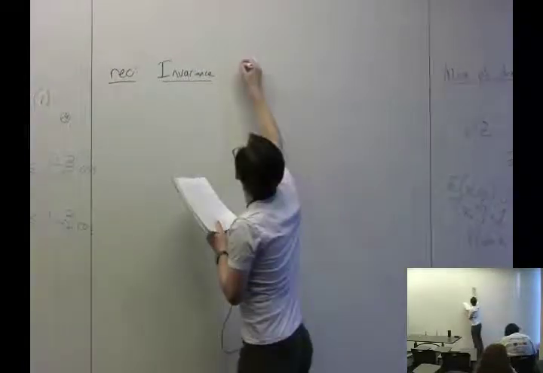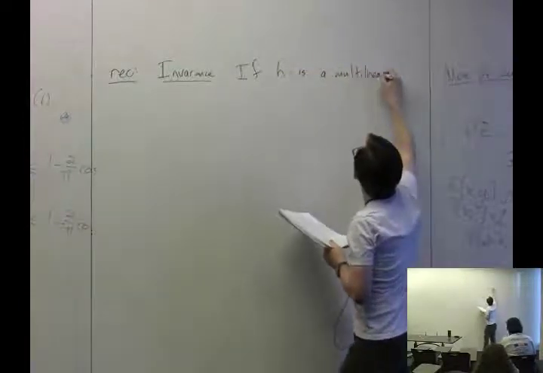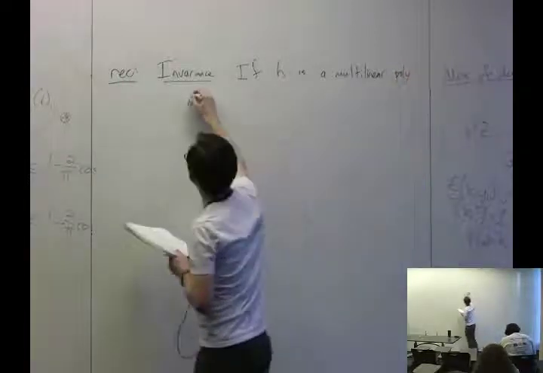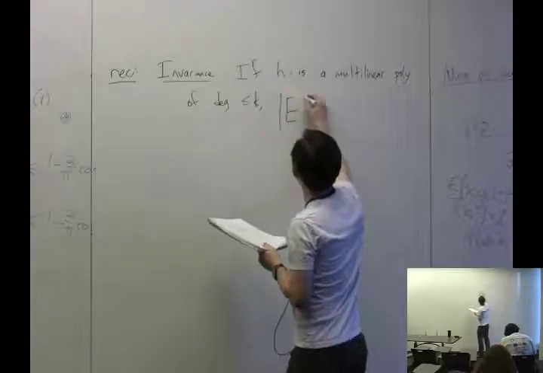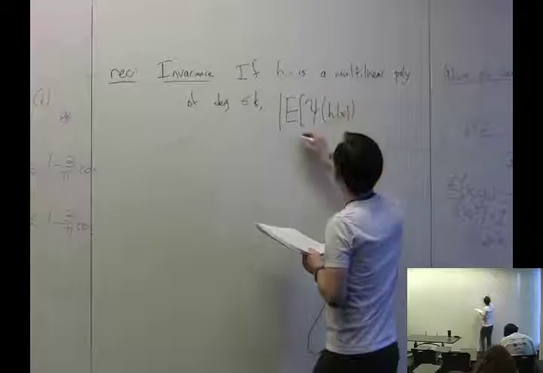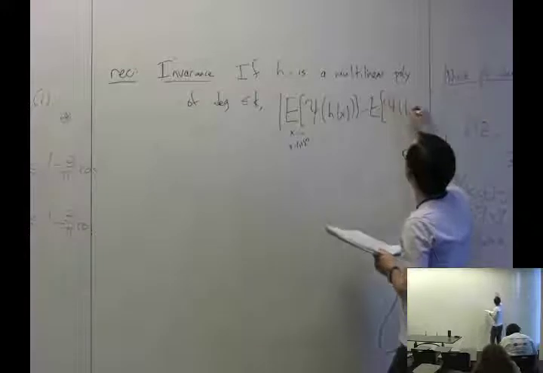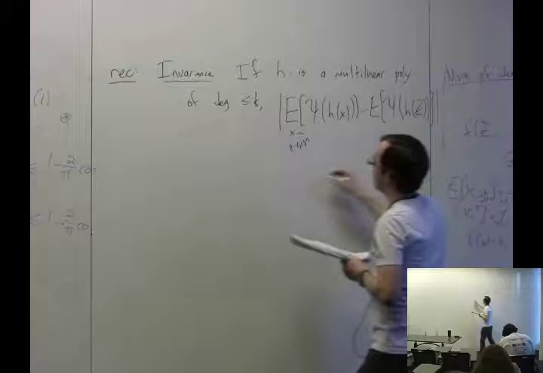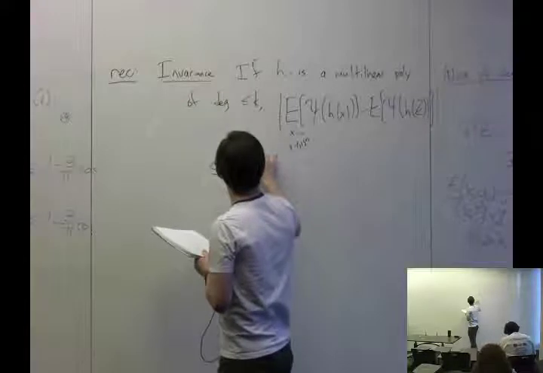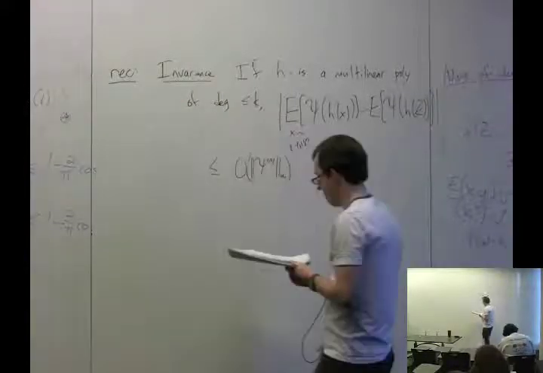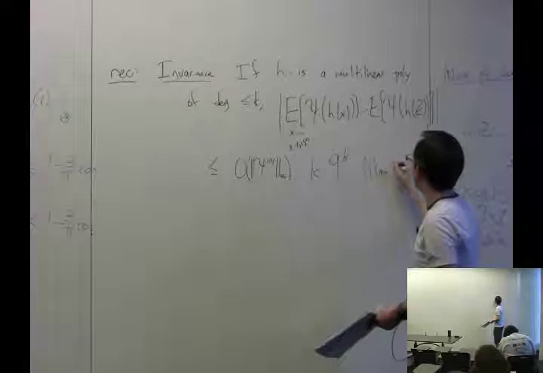It says that if h is a multilinear polynomial of degree at most k, then the expected value of psi of h of x, where x are random bits, minus the expected value of psi of h of z, where z is Gaussians, is at most some O times this thing with the fourth derivatives, which I'm going to skip, times something that's exponential in k, times the maximum influence of h.